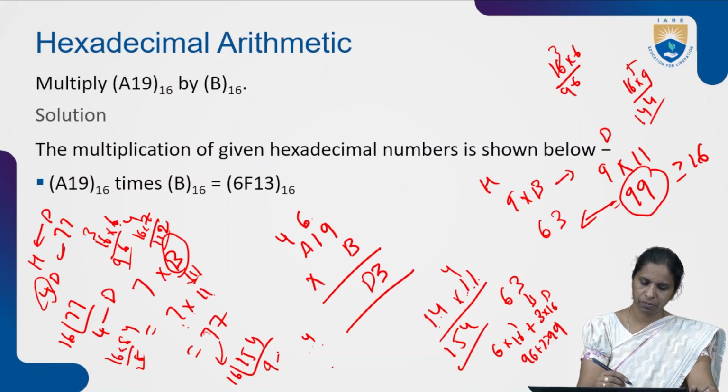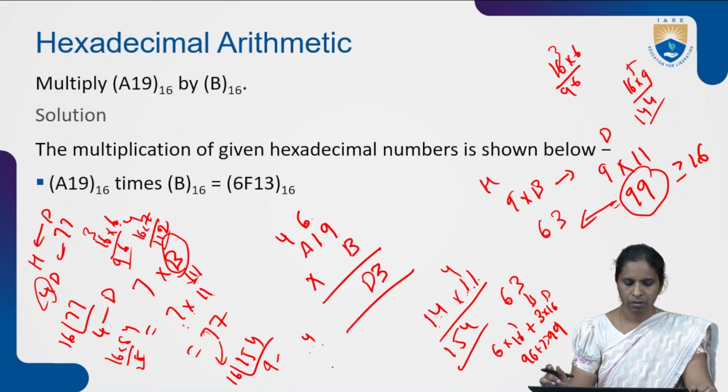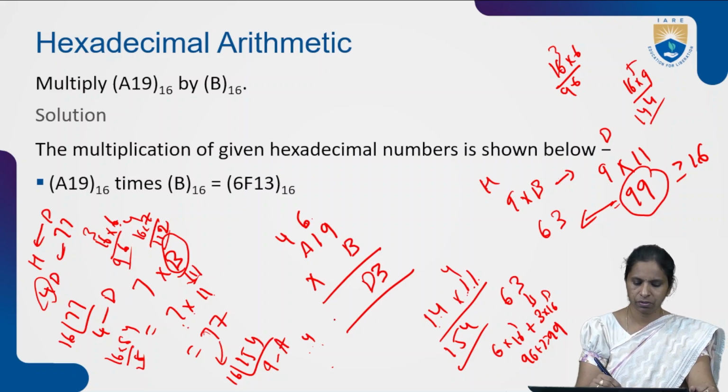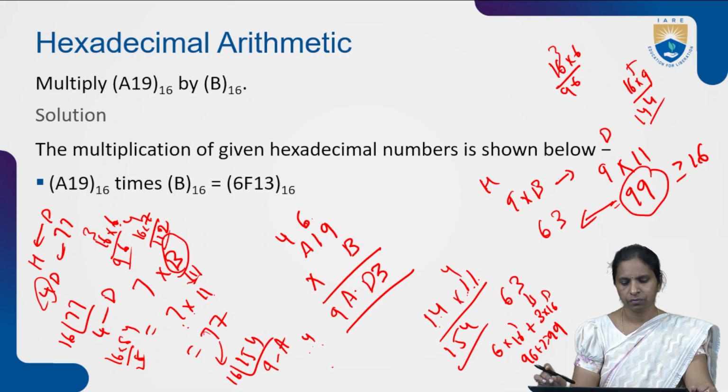So 16 9s are 144. Then you are going to get 9, and the remainder is A, 9A. So here what are you going to get? 9A. So you can perform the multiplication operation.